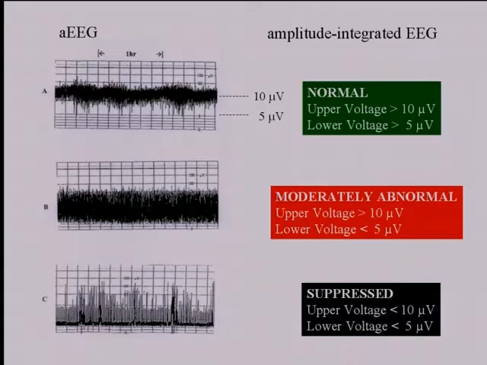A suppressed EEG is one where, and please, this is the EEG here, the dark band, where the upper and the lower voltage is less than 10 and less than 5 respectively. What you see here is burst suppression pattern, and this is not the line to draw here. You must draw the thick, compact amplitude recording.